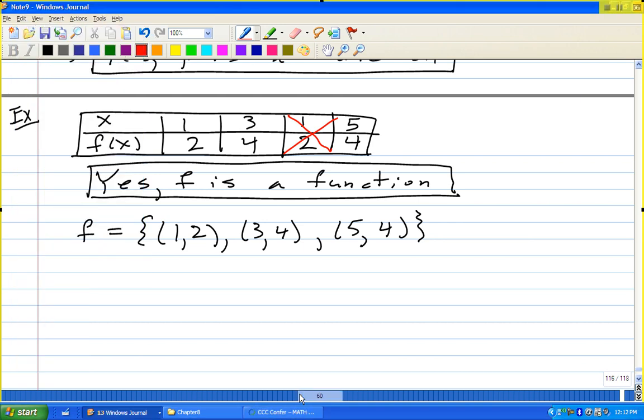Now let me do this like a rule, or really a set, but I'll say a rule.